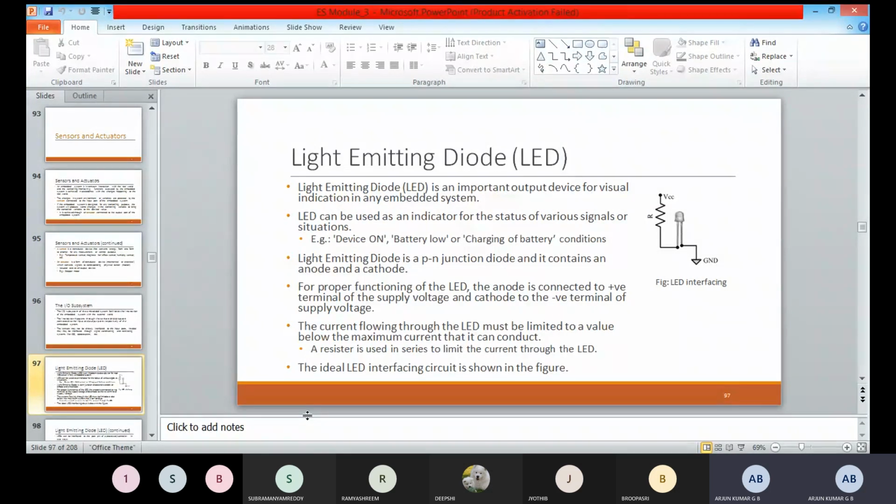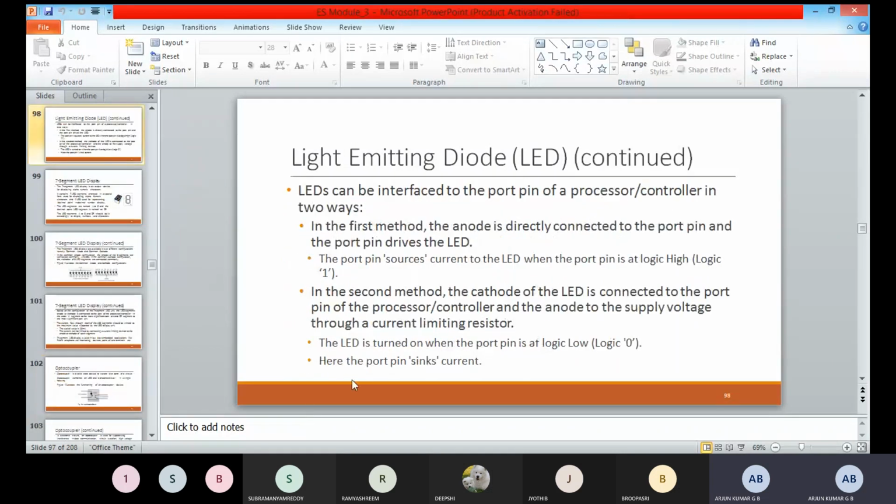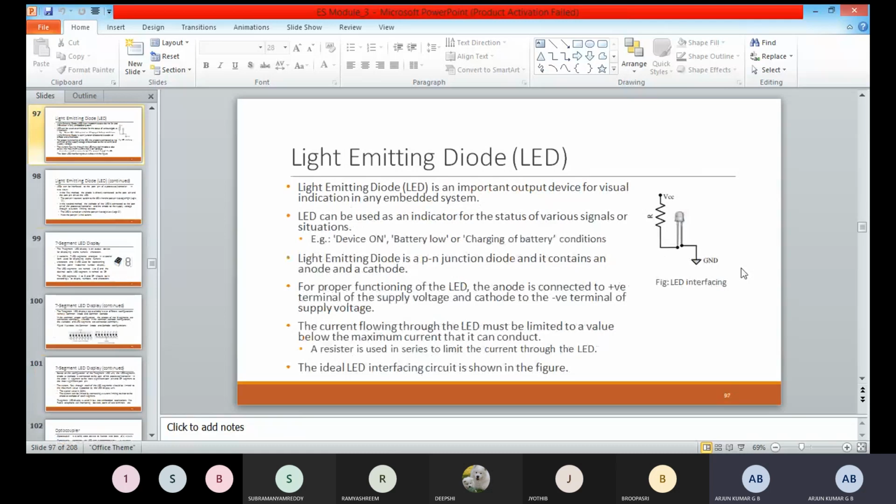And then the ideal LED. This is the circuit diagram for the ideal LED circuit configuration. This is one type of circuit configuration. Any circuit connection should be made through this structure.